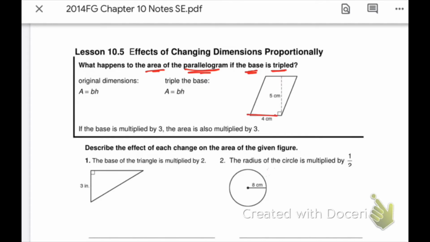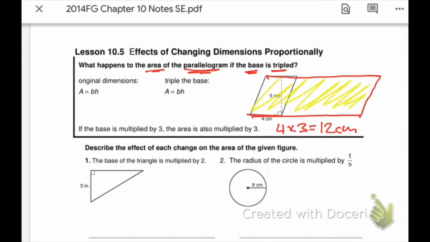If I triple that, then that's going to be a length of 12 centimeters. So the new base, this would increase everything, something kind of like that. So what's the relationship, what's the proportion between this parallelogram and my new one with an increased base to 12? So that's what we're looking at.